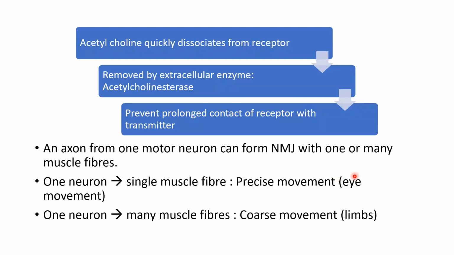So the muscles of the eye are supplied by a single neuron. But in places where there are coarse movements, like in the limbs, many muscle fibers are supplied by one neuron. So this unit, the neuron and all the muscle fibers it supplies, is called a motor unit, right?